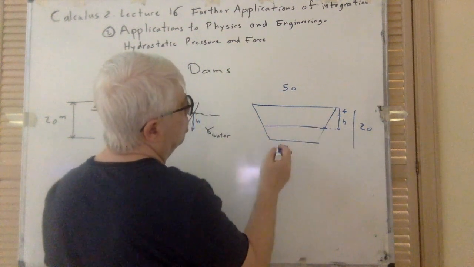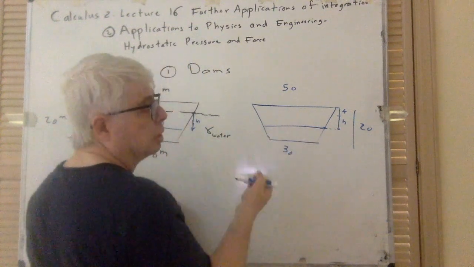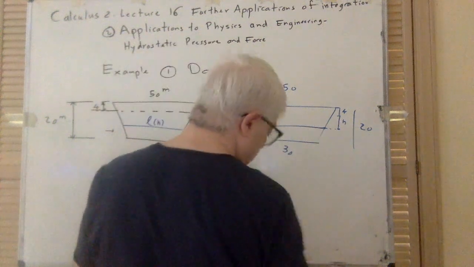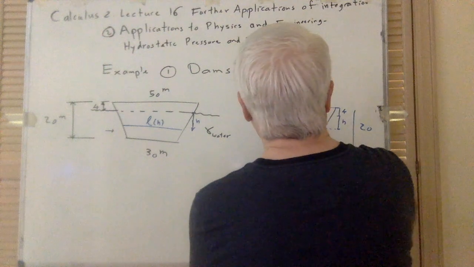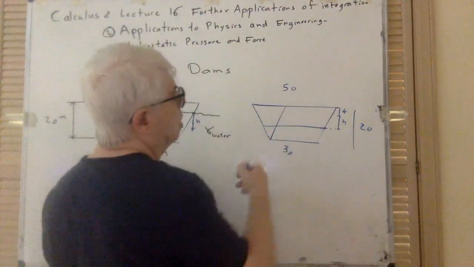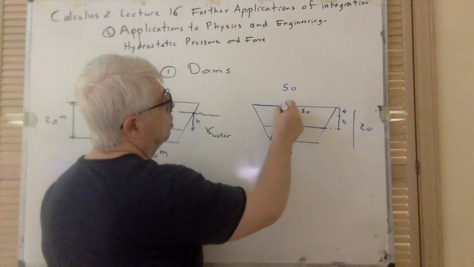One way I can do this is draw, and this is an equilateral trapezoid, which means these two sides have the same size. So if I draw a line parallel to this, this is 30, this is 30, so this part is 20.